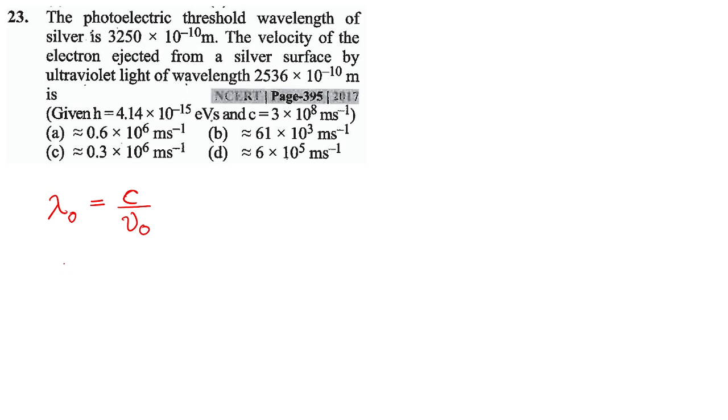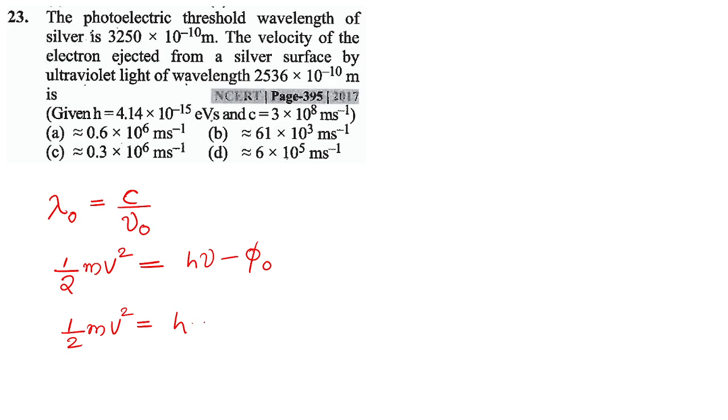You know that the kinetic energy is half mv square, correct? Half mv square equals h mu minus phi 0, correct? So half mv square is equal to h into mu.